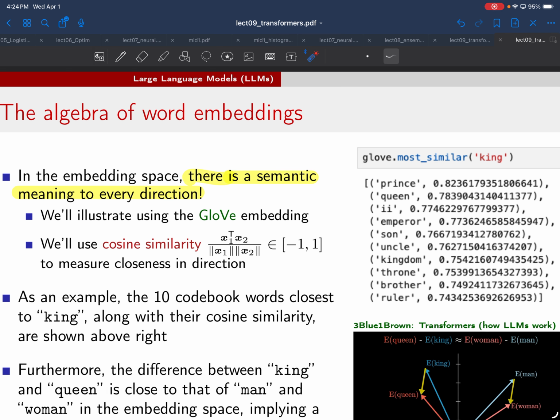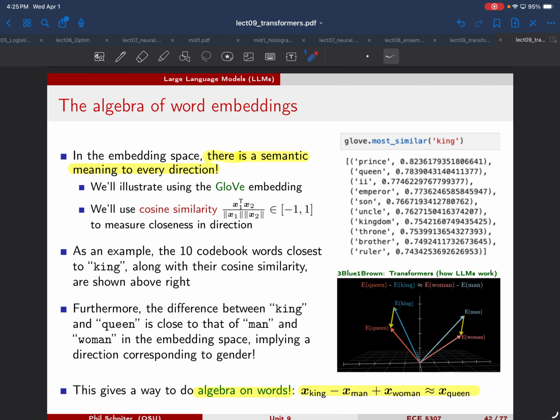And you might remember, Cauchy-Schwarz basically tells you that. So this is how embeddings are typically compared. If you want to know if 2 embeddings are similar or different, you don't really look at the lengths, you look at their directions. And so these are the numbers telling us how close prince is to king, how close queen is to king, and so on in the embedding space.